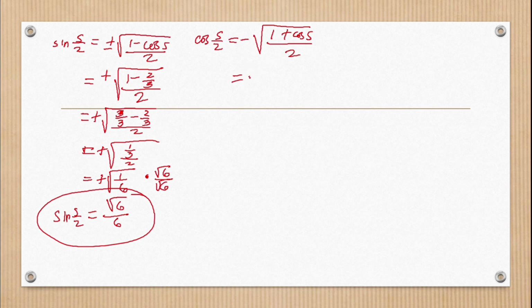Okay, so negative the square root of 1 minus 3 halves over 2, plus 3 halves. So we have here negative the square root of 2 over 2 plus 3 over 2 over 2.